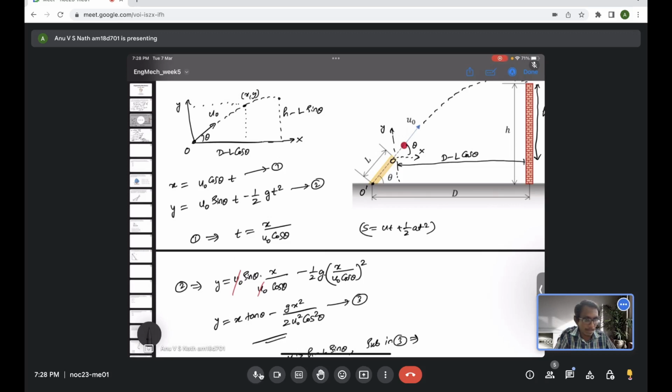Is that clear? Clear, sir. So basically, we are neglecting the air friction. That's the only thing that can change the horizontal velocity. In the vertical direction there is always gravity acting, so that we cannot neglect.